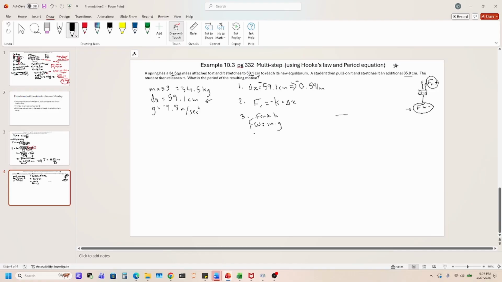Okay, so our weight force is equal to our mass times gravity. We already know what the mass is. It's 34.5 kilograms times our negative 9.8 meters per second squared. And that's our weight.